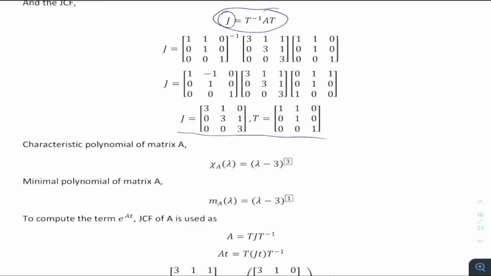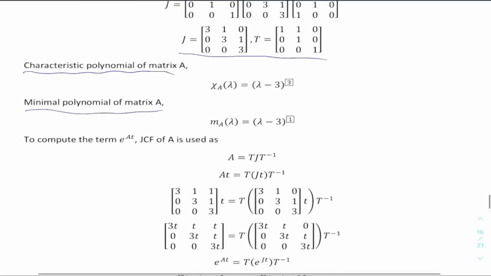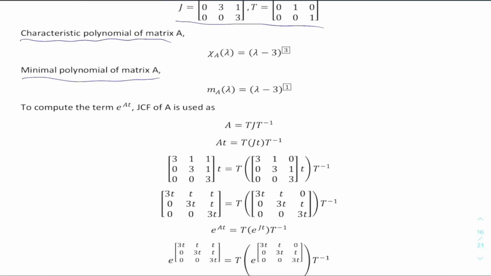Again, this is not 100% important, but the characteristic polynomial of matrix A and the minimal polynomial can be written like this, right? Okay, and to compute the term e to the At, we will use the Jordan canonical form of A, right?